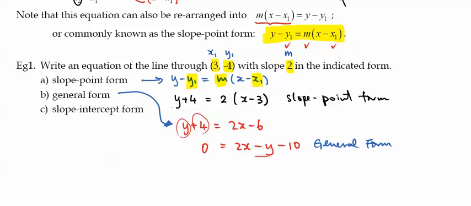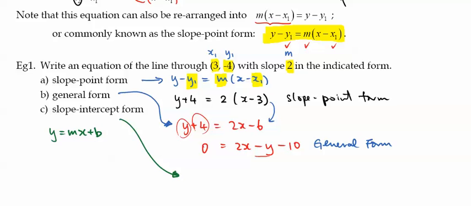So once again, you can obtain the equation in general form by just expanding the bracket and then putting all three terms on the same side. I can also use this equation and convert it into slope-intercept form. Slope-intercept form means y equals mx plus b.